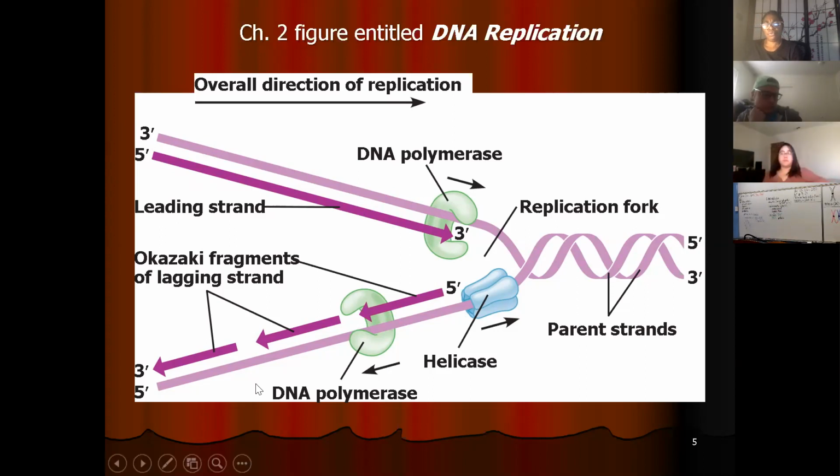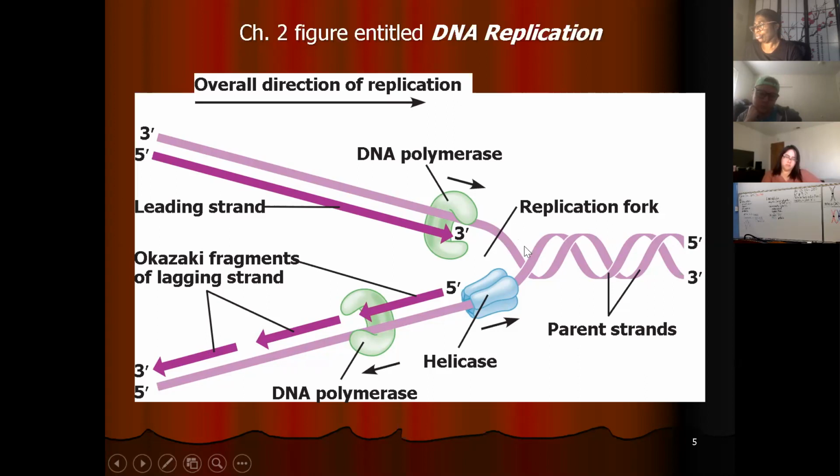For the other strand, because it's a double helix, again, here's that unzipping enzyme helicase. It's going to unzip the double helix completely. It has got to do it this way. Because here's the foot of the original strand, it's got to go from the head to the foot, jump, head to the foot, jump, head to the foot, jump.